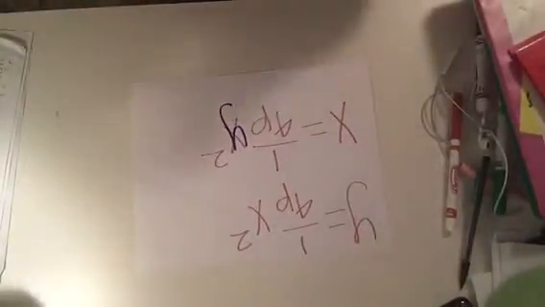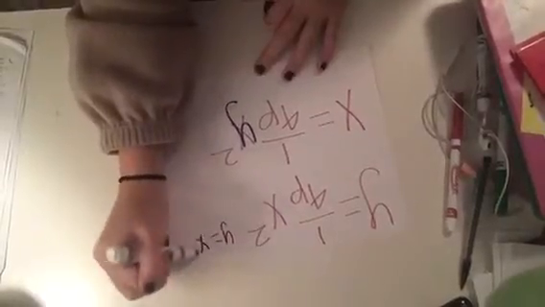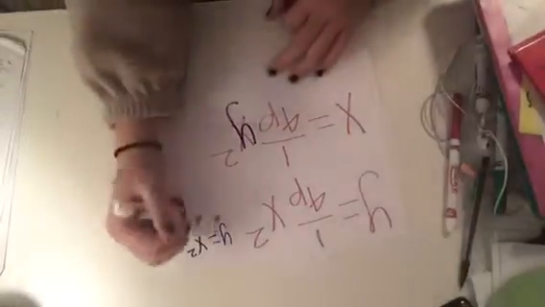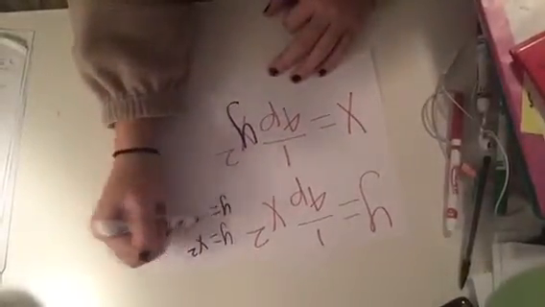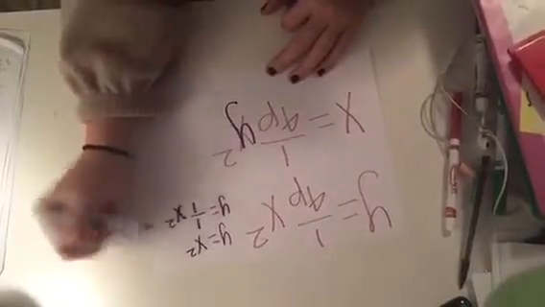So say, for instance, you have y equals x squared, because that's our first example, so let's go ahead and solve for it. That's the same as y equals 1 over 1 x squared, right?